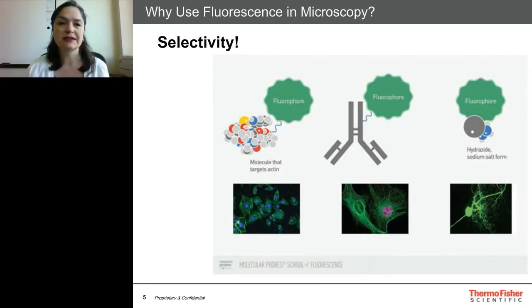Another reason is selectivity. So what you can see in this slide is the same fluorophore, which is that green blob labeled fluorophore, and it's conjugated to different things, and that's what provides specificity for where it goes in the cell.